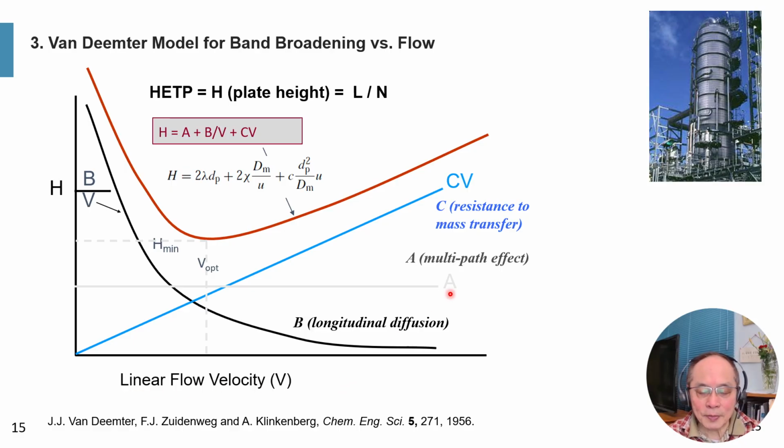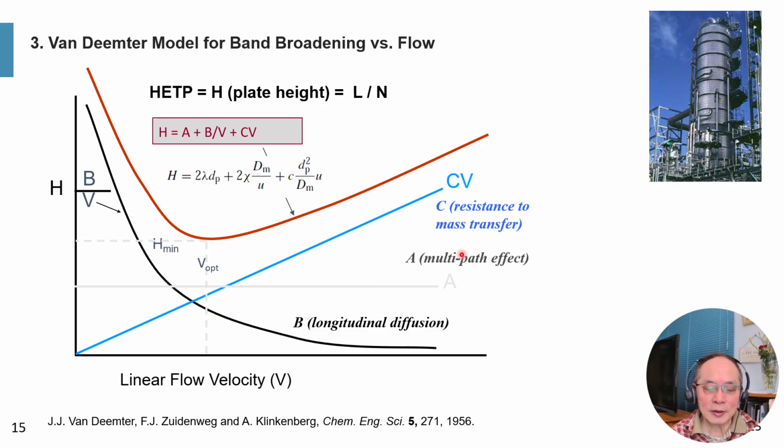A is a multipath term, which does not change in regards to flow, while B is something called the longitudinal diffusion, where the contribution of the B term is lower at high flow rate, but becomes very high at low flow rate.